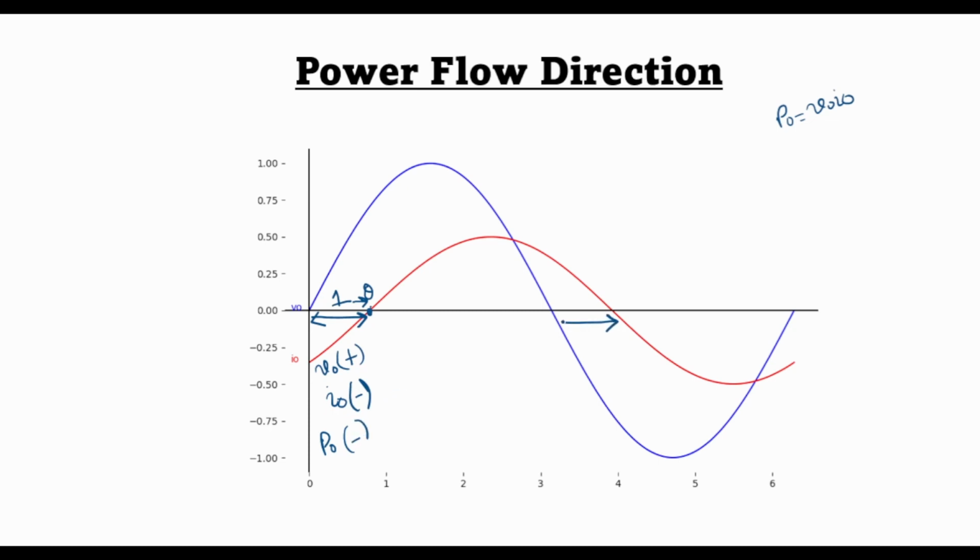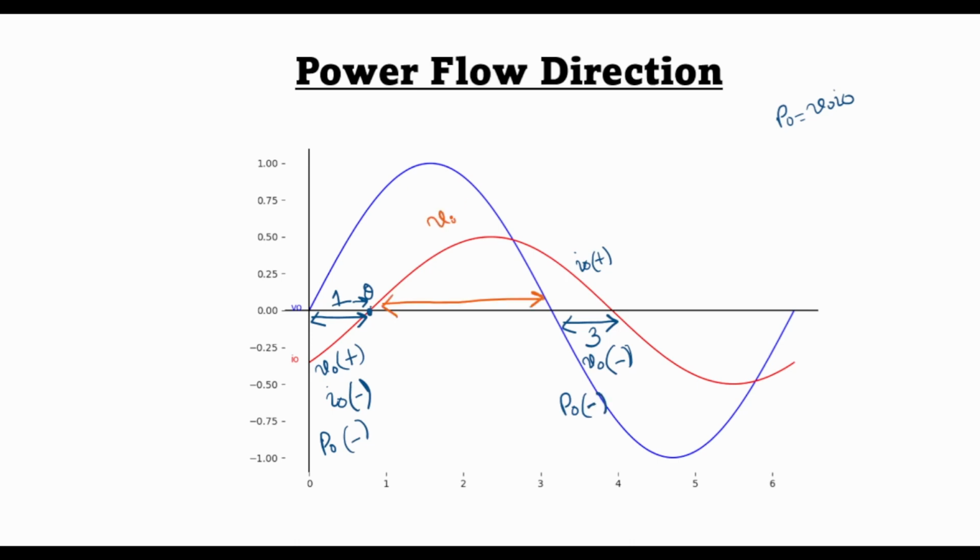Similarly, in region number 3, the current I naught is positive while the voltage V naught is negative, and hence the power flow P naught is again negative in this region.